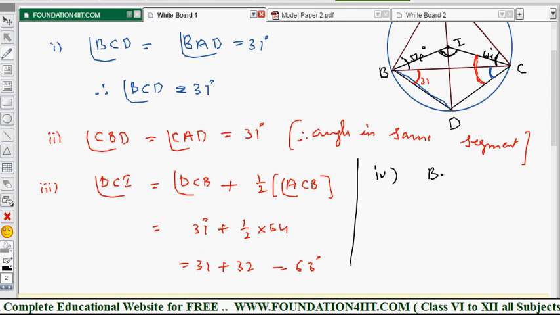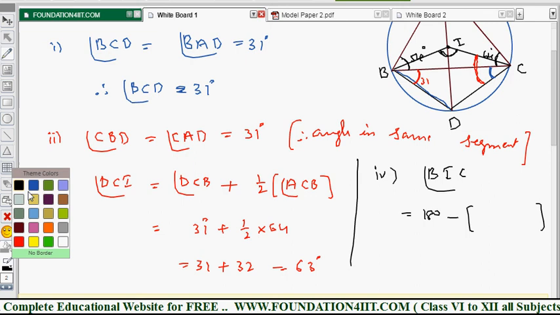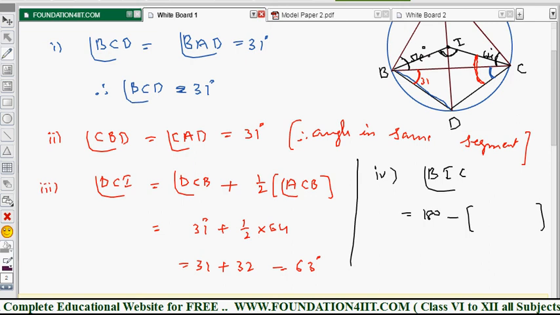So angle BIC we need to find out. That is equal to 180 minus these two angles, IBC and ICB. You need to subtract both angles.